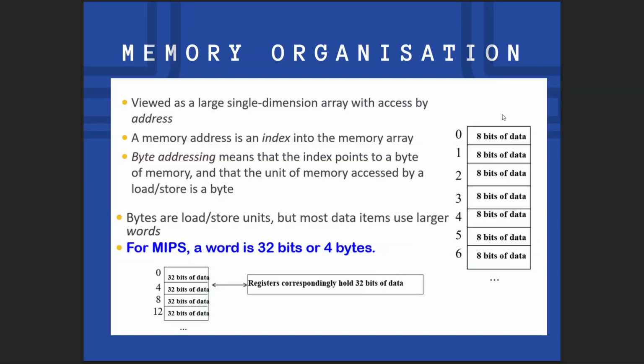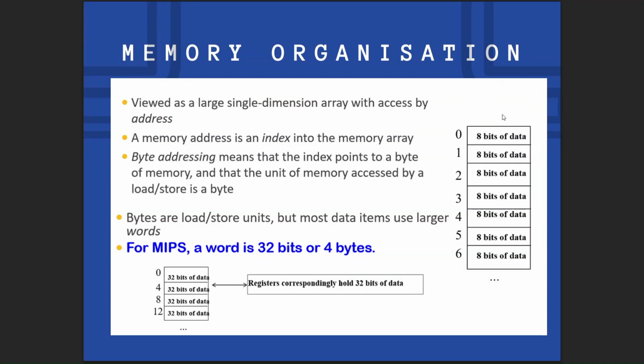The table on the right shows that address 0 points to 8 bits of data, address 1 points to the next 8 bits, and so on. The smallest unit you can load or store is 1 byte.